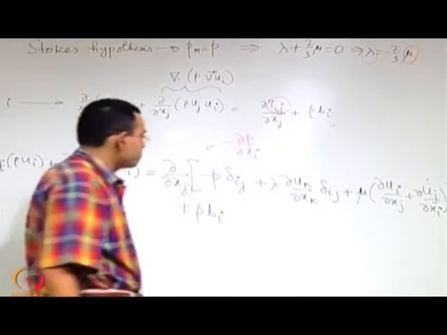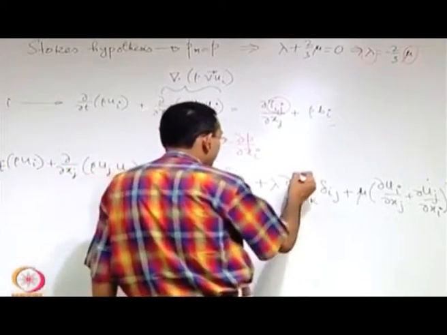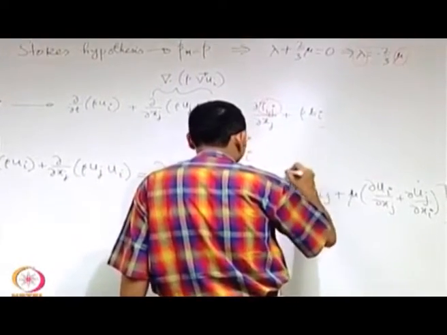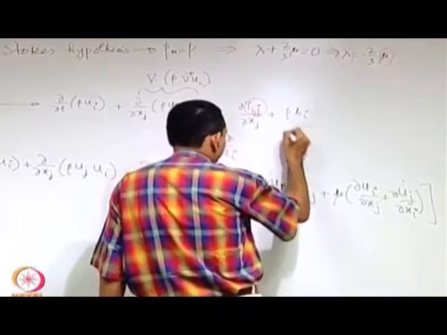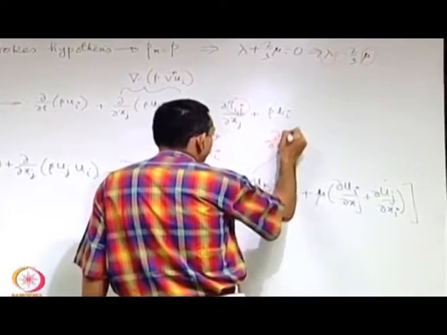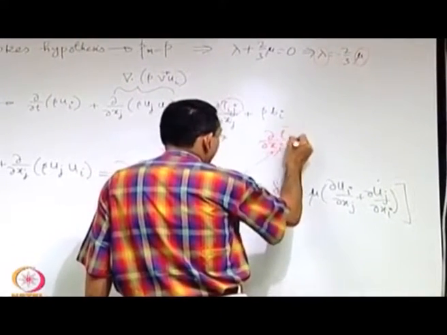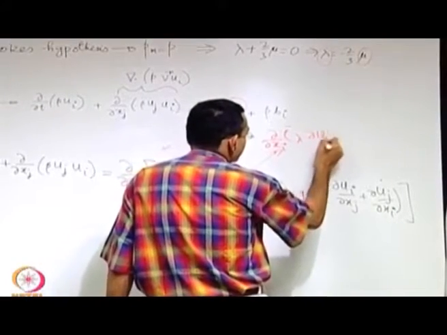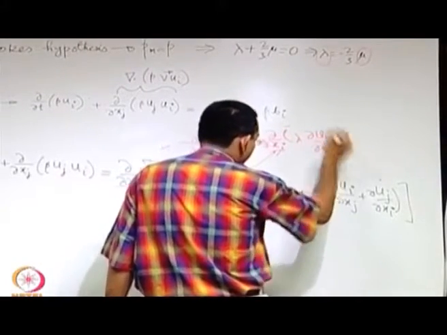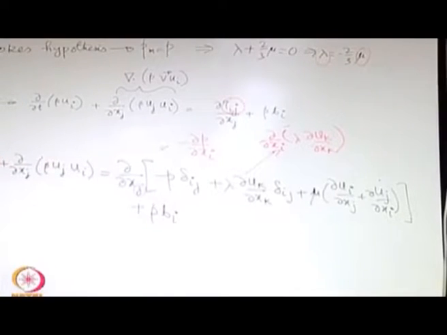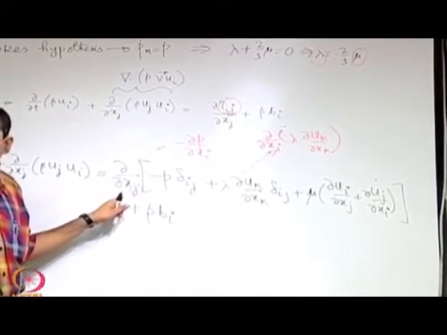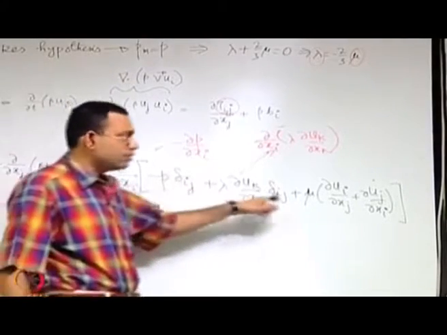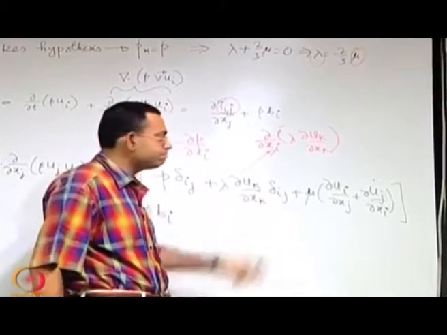Then for the next term also it is the same. For this term, replace the index j with i because of the multiplication with delta ij.